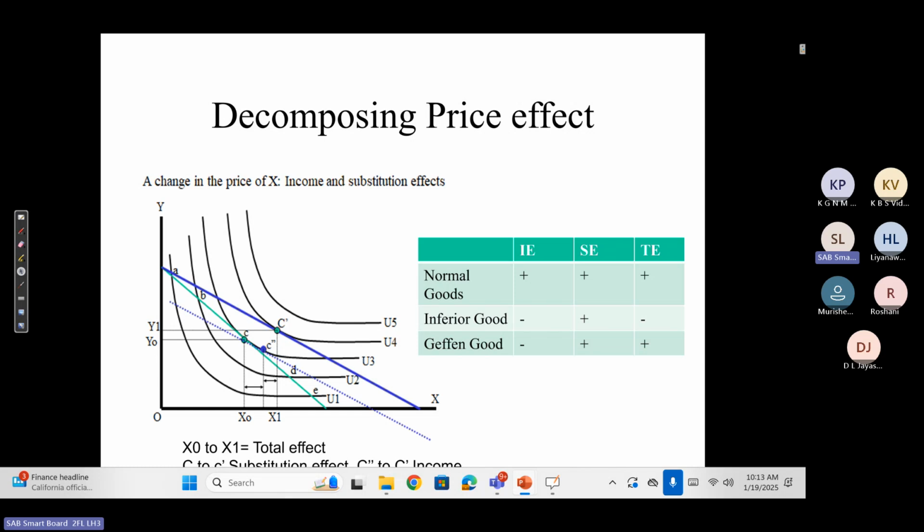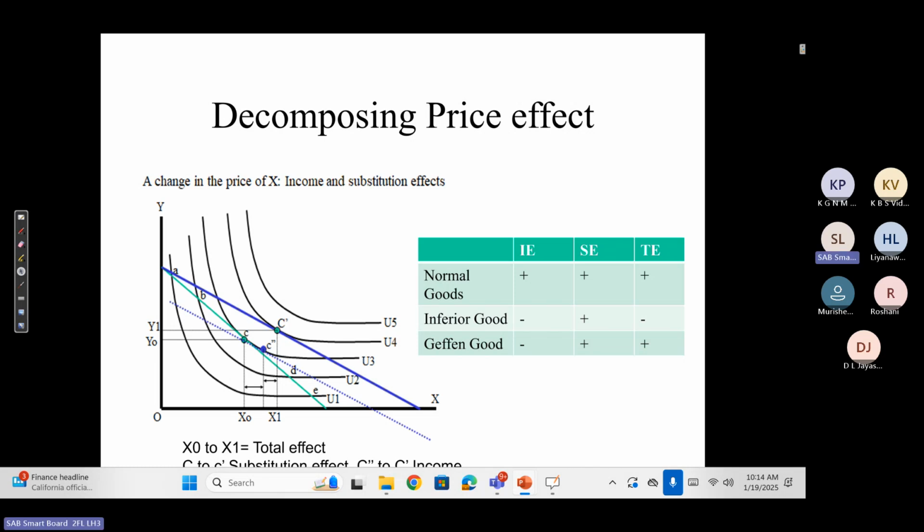That's why the total effect is negative. Since the income effect is powerful, the total effect becomes negative. But in the case of Giffen goods, the substitution effect is more powerful. That's why the total effect becomes positive. So we can identify the situations. Okay, so that's the basic.